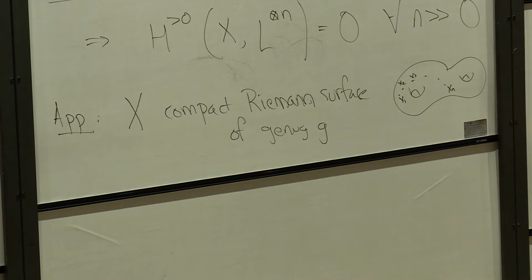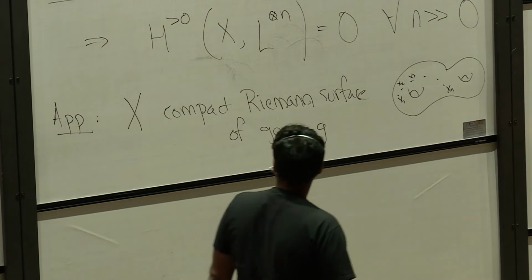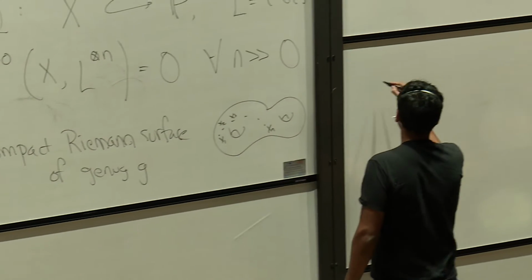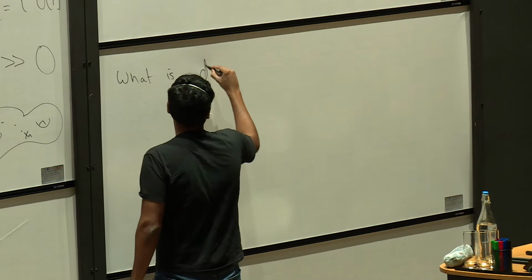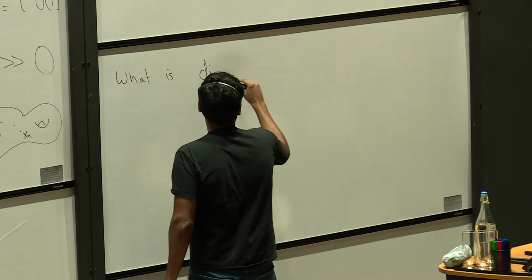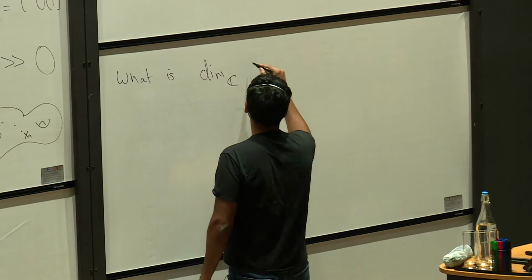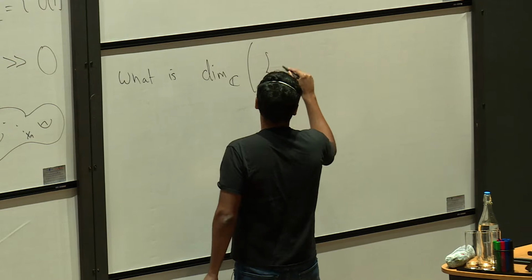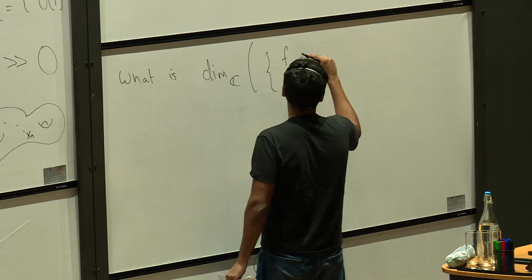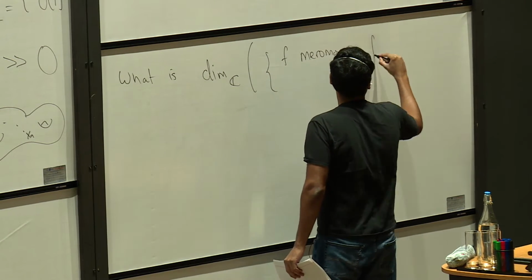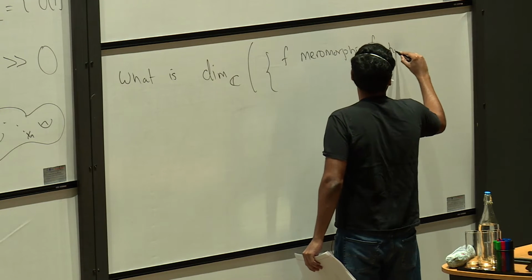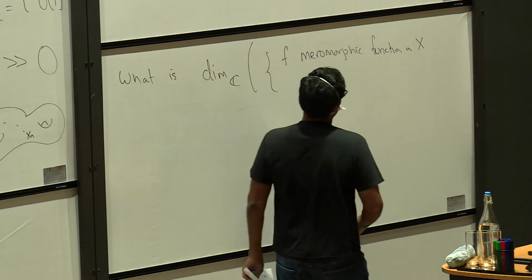In this context, you might wonder about the following question, which is, what is the dimension of the complex vector space spanned by the following functions? So f is going to be a meromorphic function on X. So it has poles at finitely many points.